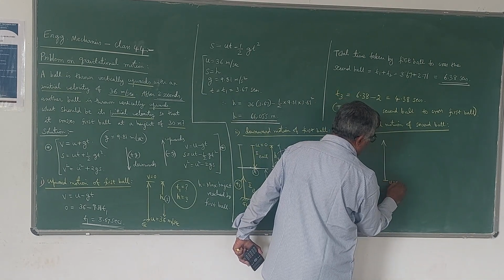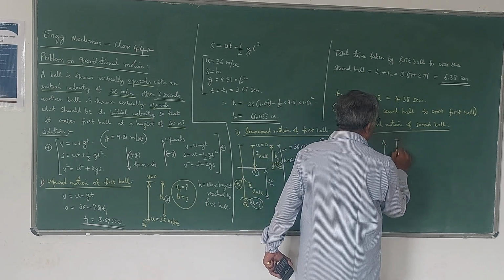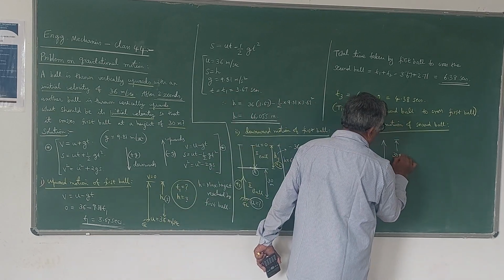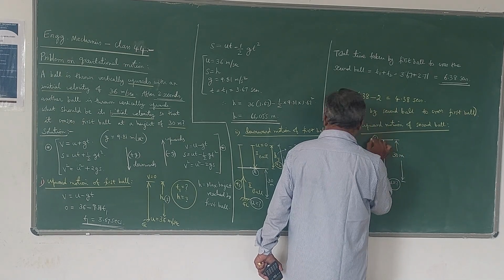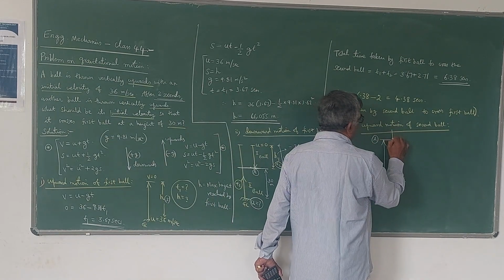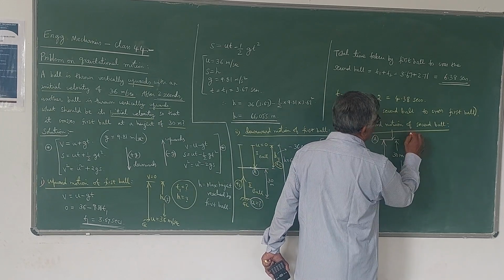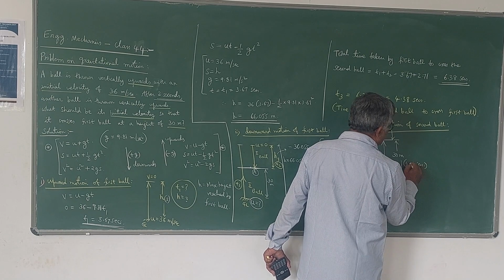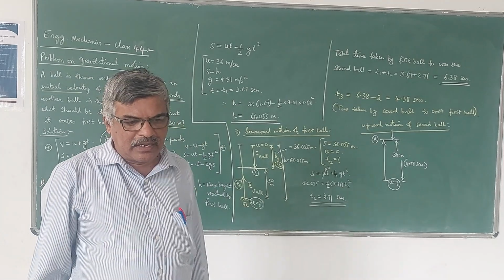This velocity u I don't know, I have to find out, but this distance I know. Distance traveled by the second ball will be 30 meters, because it crosses the first ball at 30 meters. This is point A, whatever I have taken as reference. This is the point where the first and second ball cross each other. The time taken for this is 4.38 seconds. So you know the distance traveled, you know the time, and you have to find the initial velocity.